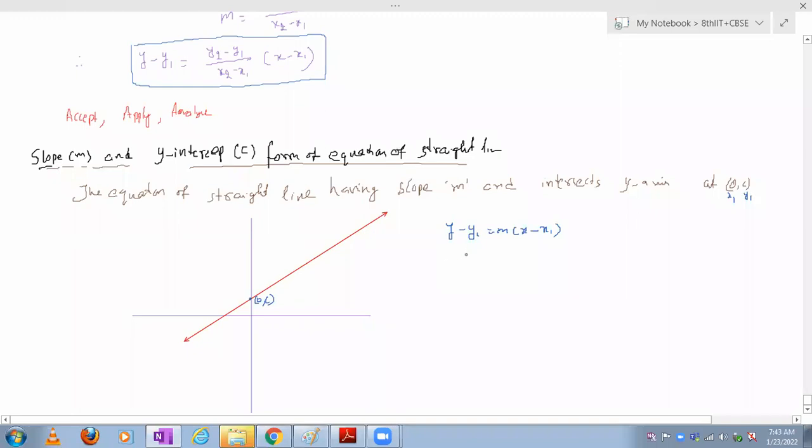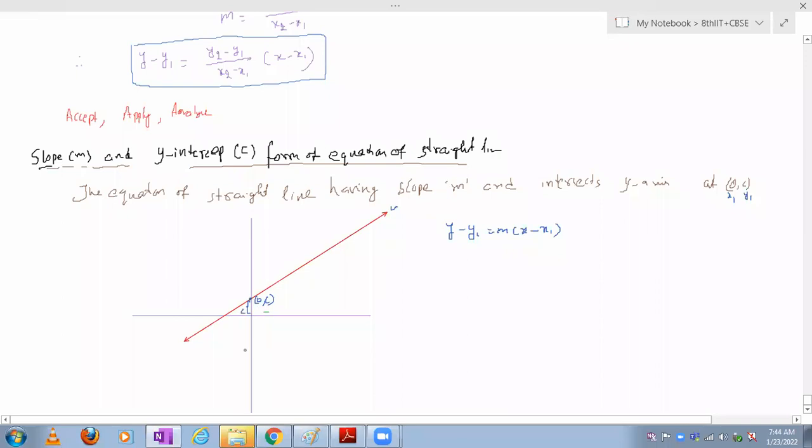What will you get? Sir, what have you written here? This is 0, c. The point the straight line is passing through is 0, c. Yes, this y-intercept is c.